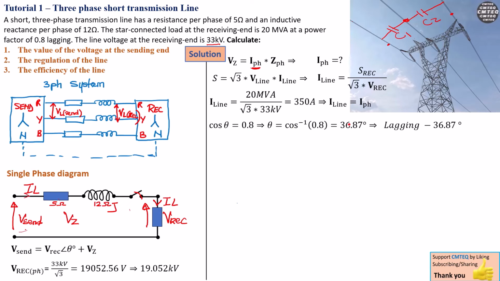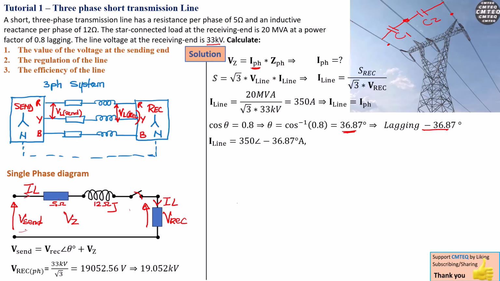That means we can find the angle by taking the inverse cos of 0.8, which gives us 36.87 degrees. Now since it is lagging, we have to assign a negative sign to the angle of the current because it is lagging behind the voltage. Great stuff. So our line current or our phase current is 350 with an angle of negative 36.87.